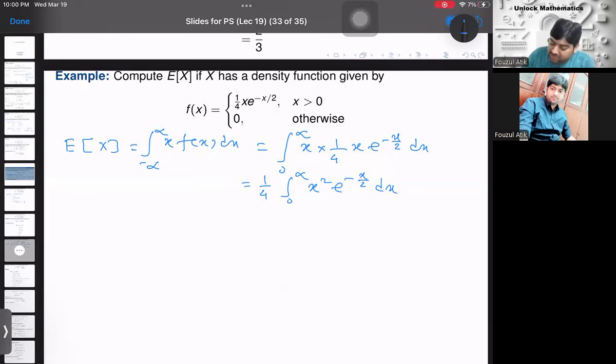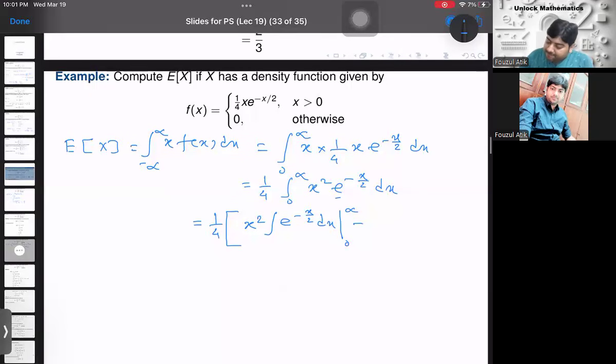Take 1 by 4 as common outside, then x square, and the integration of the second function, the integration of e to the power minus x by 2 dx, and of course the limits are between 0 to infinity.